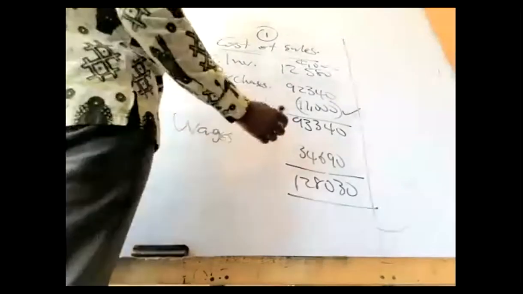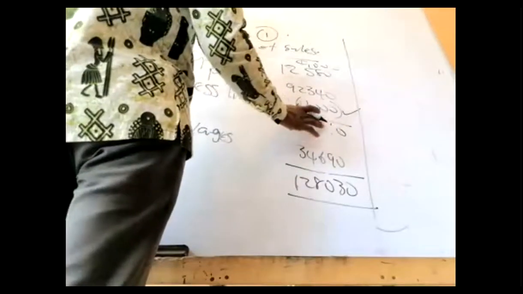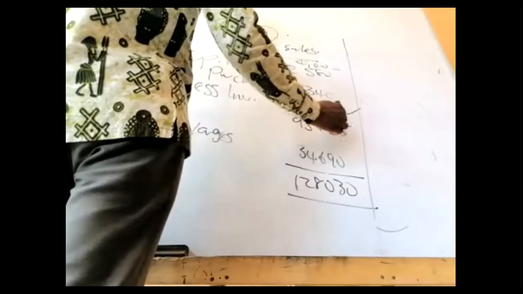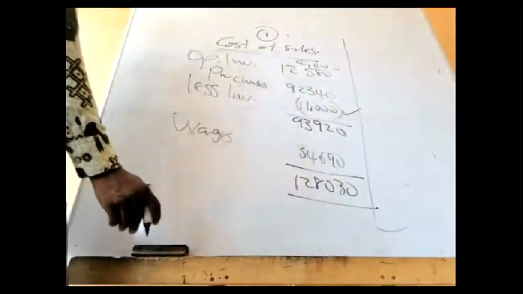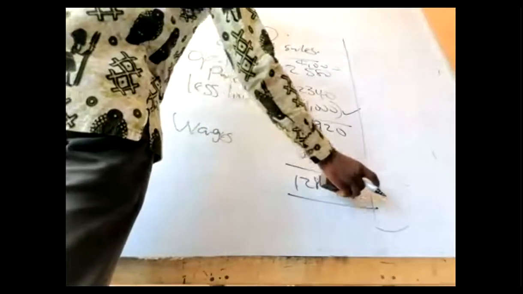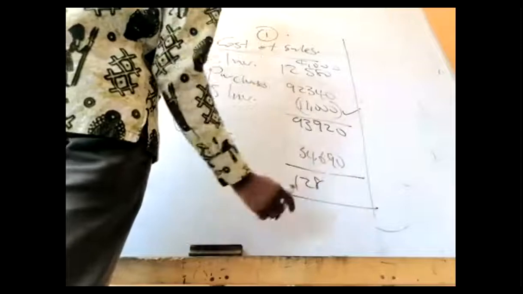Okay, so for this one, we have 93,920. And then we now add this one to it. So it should be 128,610.